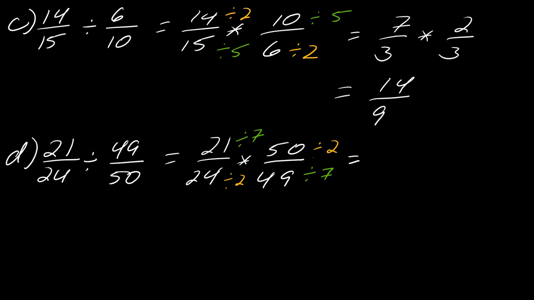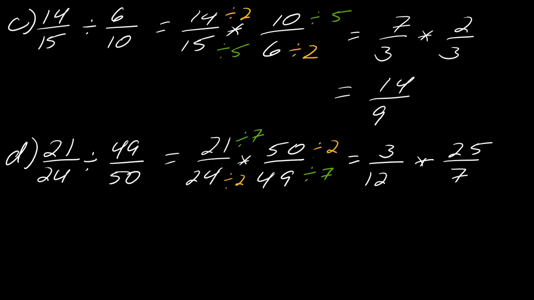So, you know, you don't have to think too long about this. You can always simplify again if you want to. So I usually just start with the first number that jumps out at me. So 21 divided by 7 is 3, 24 divided by 2 is 12, 50 divided by 2 is 25, and 49 divided by 7 is 7.